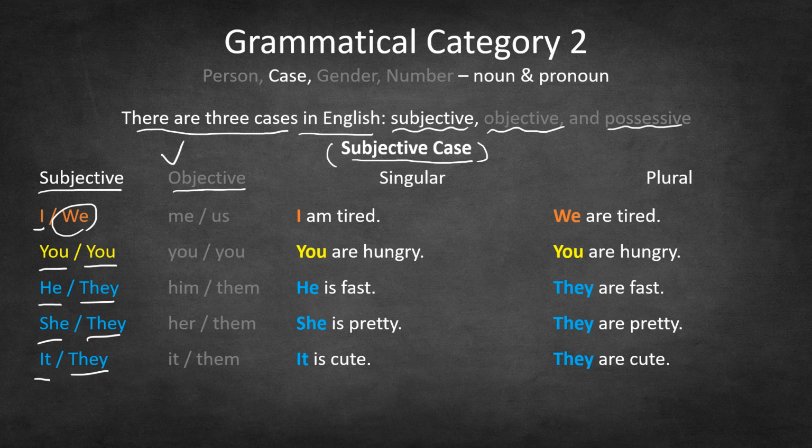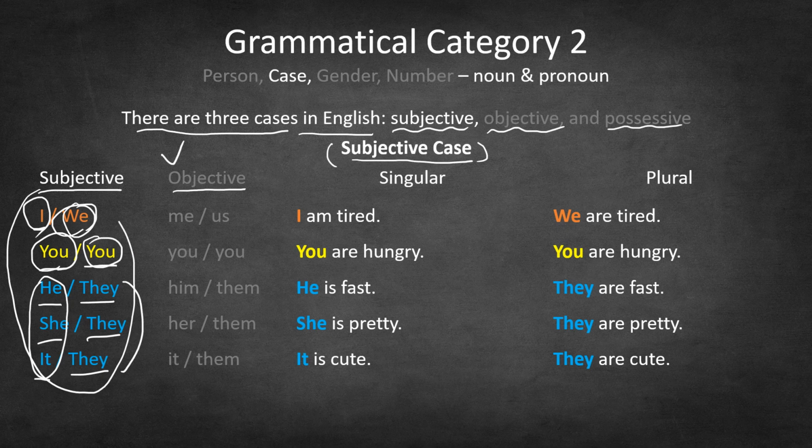So I is first person singular, you second person singular, he, she, and it are third person singular. We first person plural, you second person plural, they is the third person plural. Here, these are subjectives, which means they can be subject. These, the objective cases, they cannot be subject at all.